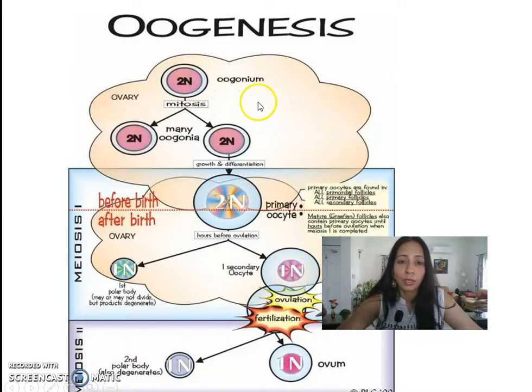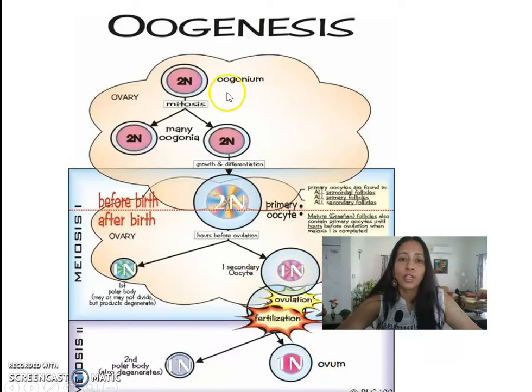I'll be showing you another picture where you will see that along with the development of the ovum, the follicle also develops from primary follicle to secondary follicle, from secondary follicle to tertiary follicle, and from tertiary follicle to the Graafian follicle. So these two processes, development of ovum and development of follicle, take place simultaneously. But let's first study how ovum development takes place.